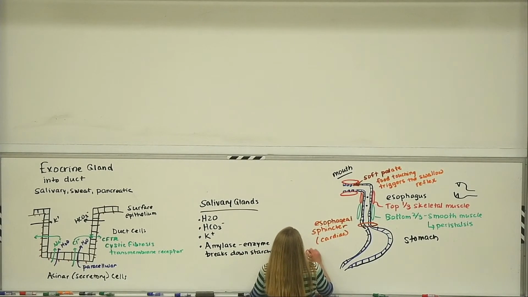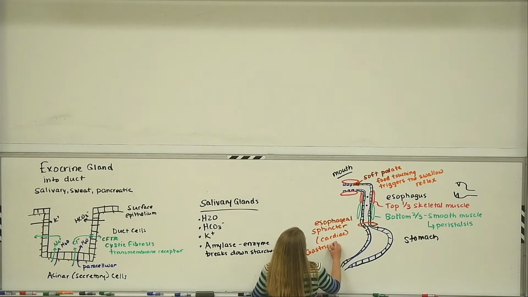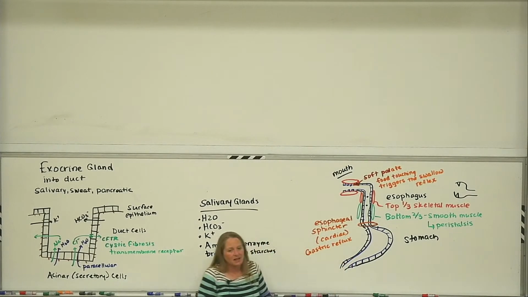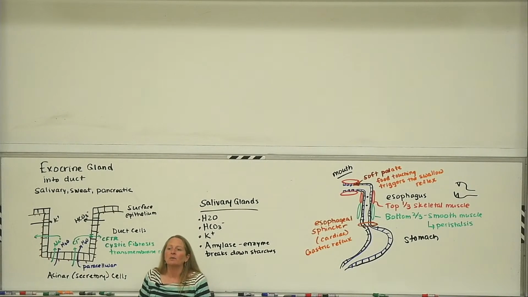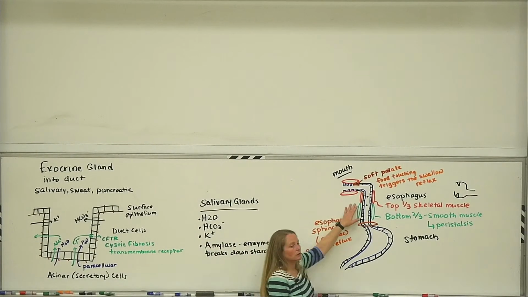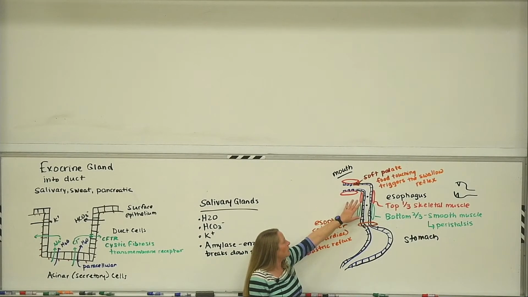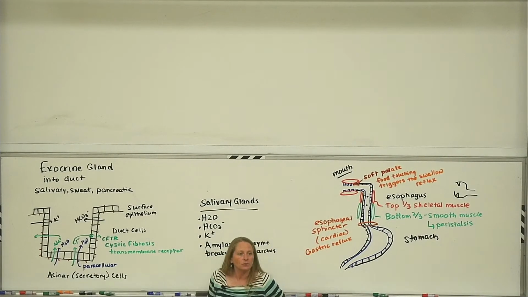Okay, so gastric reflux is going to be all of that stomach contents, that acid, those enzymes. In the stomach, we have mucus that's meant to protect the cells from both the acid and the enzymes. In the esophagus, we don't. Okay, so there's no protection. You start bringing stomach contents back up, and you're going to eat those cells. You'll destroy them.